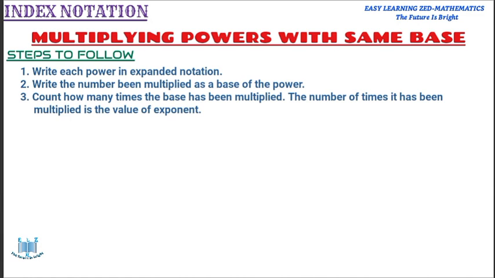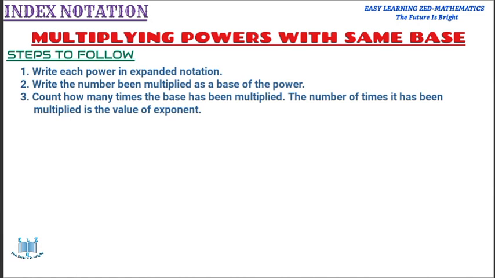If it has been multiplied 10 times, the exponent will be 10. If it has been multiplied 20 times, the exponent will be 20.